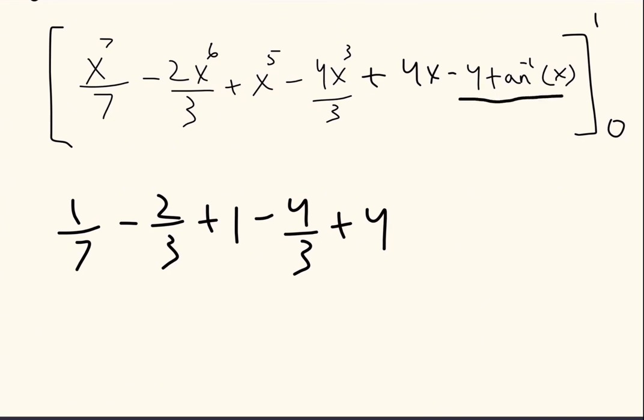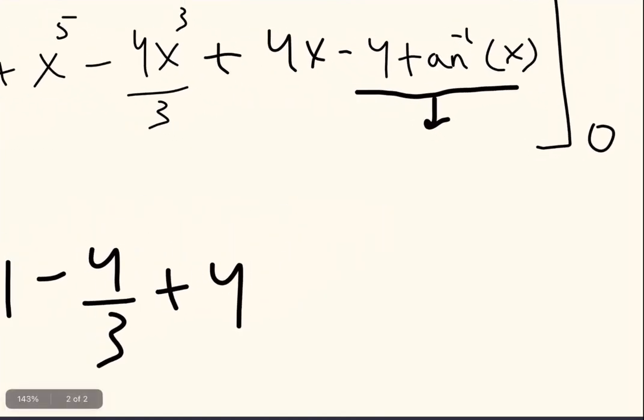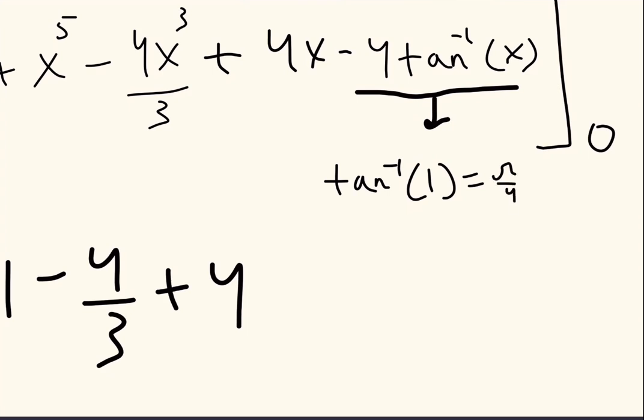So for negative 4 arctangent x, just focus on the arctangent. Arctangent of 1, if you guys remember, is just equal to pi over 4. Then you would do pi over 4 times negative 4, and that would just cancel out to negative pi.